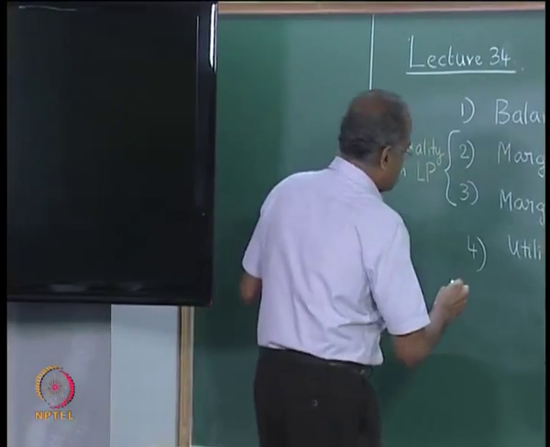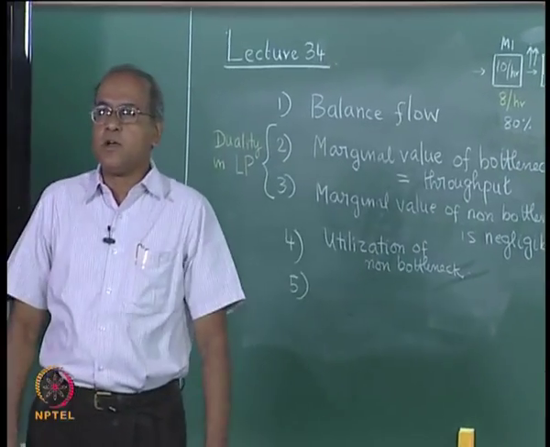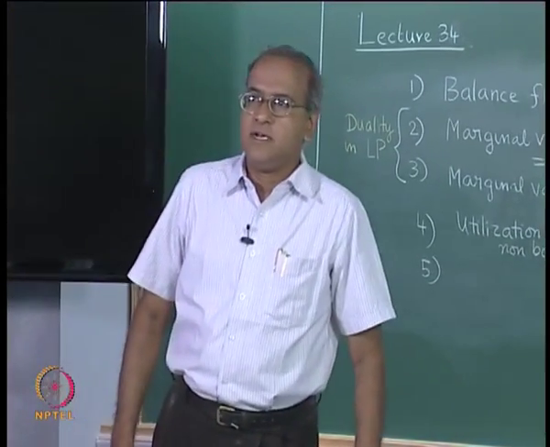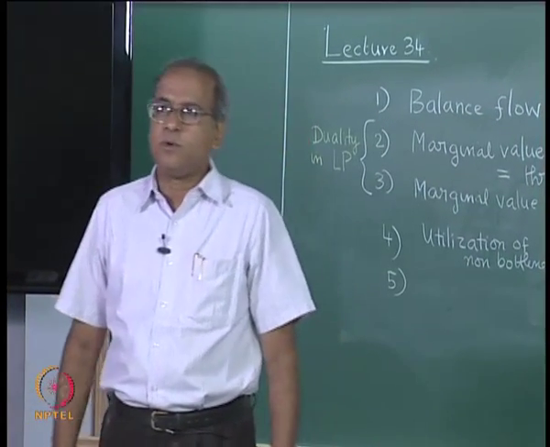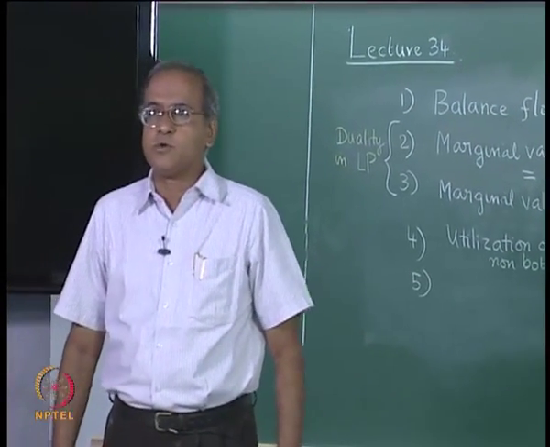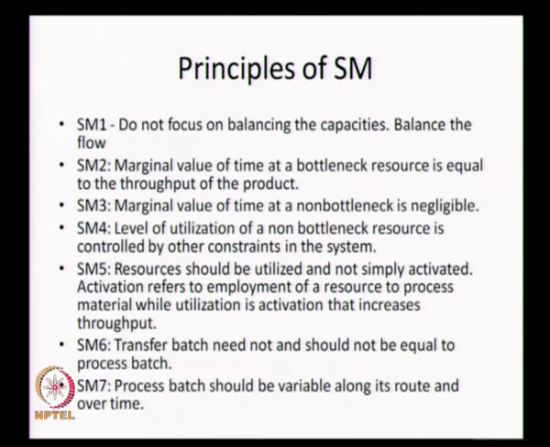Now, SM5 talks about resources should be utilized and not simply activated. Activation refers to the employment of a resource to process material, while utilization is activation that increases throughput.